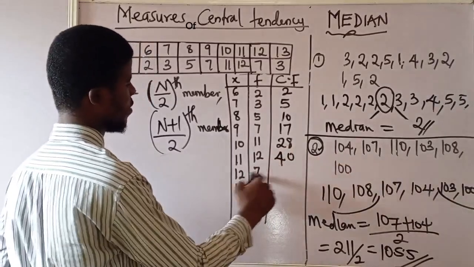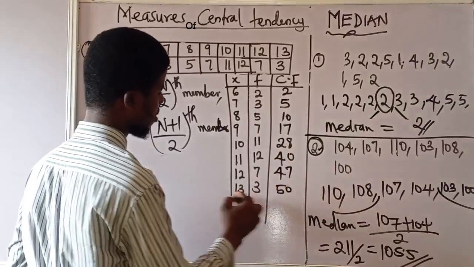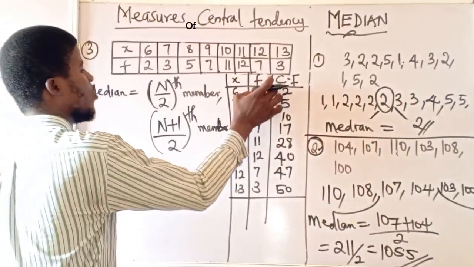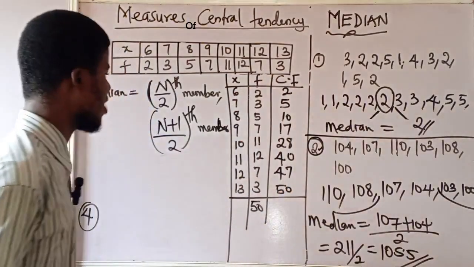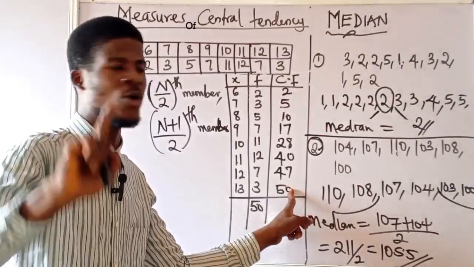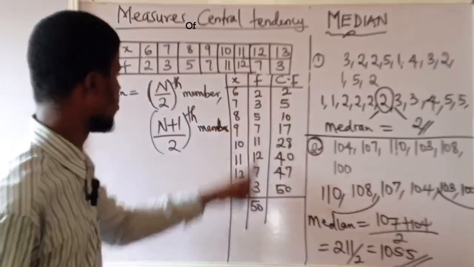Yes, 40. Then 47. 3 plus 47, that's 50. What this 50 means is that if I add up all the frequencies here, I'll get 50. So the last cumulative frequency is actually the sum of all the frequencies that we have. You can verify it. Add them up, you'll get 50.